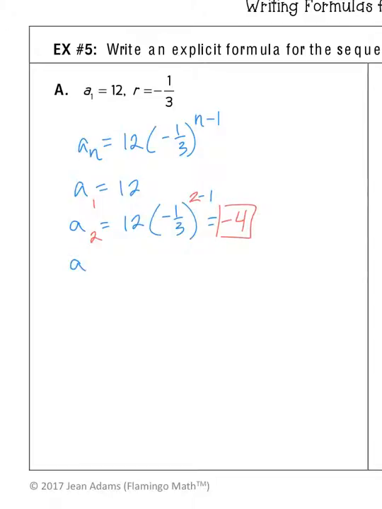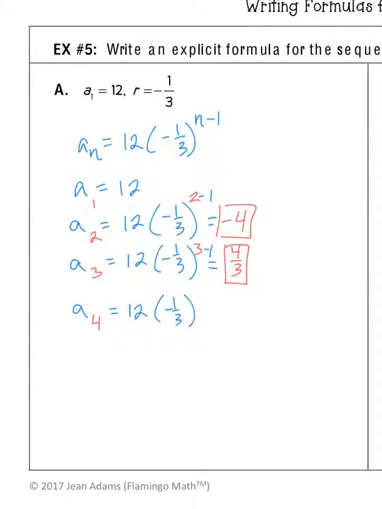A sub 3 is equal to 12 times negative 1/3 raised to the 3 minus 1, which is equal to 4/3. Then a sub 4 is equal to 12 times negative 1/3 raised to the 4 minus 1, which is equal to negative 4/9.